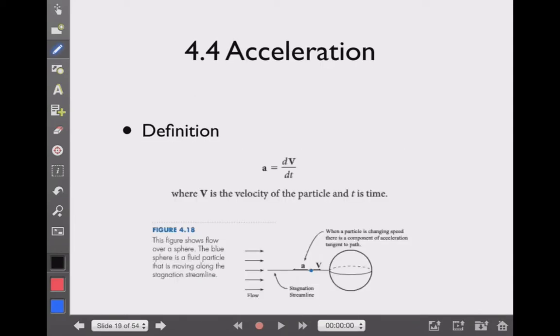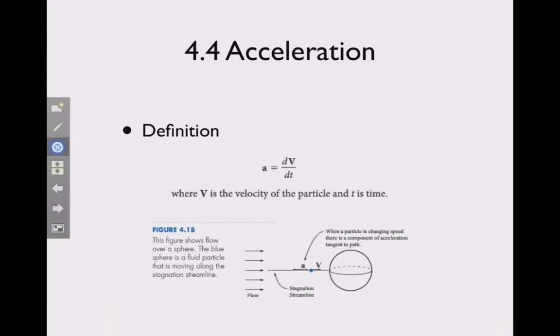So acceleration we know is defined as being the change in velocity in time. And what we'll see is we can express this velocity in a couple of different ways. And in particular, we're going to express it in the Eulerian approach in this section.